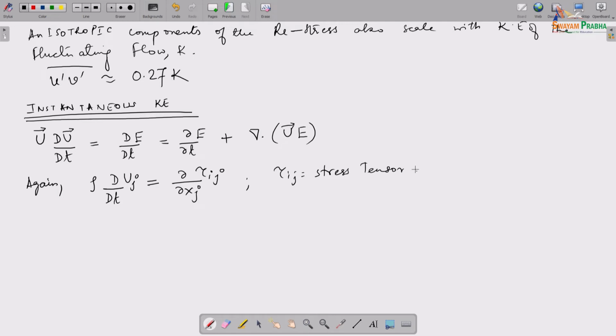Okay. Now then, so dE/dt is equal to minus.